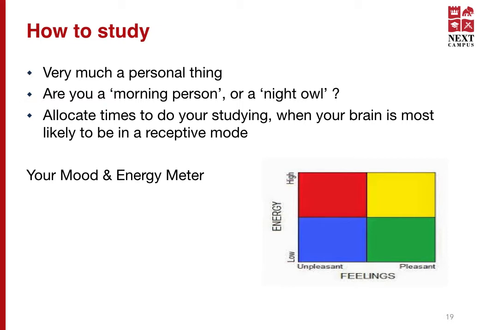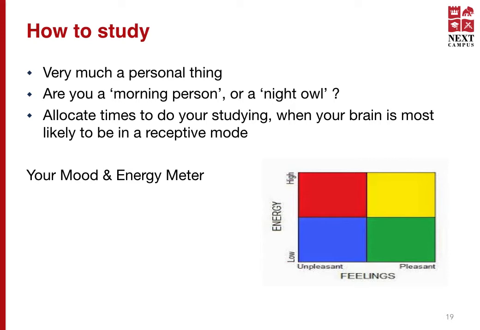Now that you are doing your MBA, it is very important to know how to study. Remember, there is no right or wrong in your method of studying because it's very much a personal thing. But it's better that you know exactly how you study in order to study well. Because unless you identify your study method, it is difficult for you to adapt. Are you a morning person or are you a night owl?